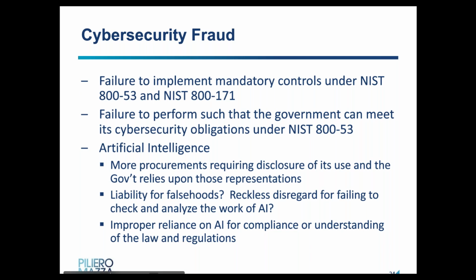And so what the allegation was in that case was not only did the contractor fail to meet their own cybersecurity requirements, but it performed its contract in a manner that prevented the government from meeting the government's obligations for cybersecurity. And this is a little bit in that false certification, implied certification, or express and implied certification that Jackie talked about earlier.